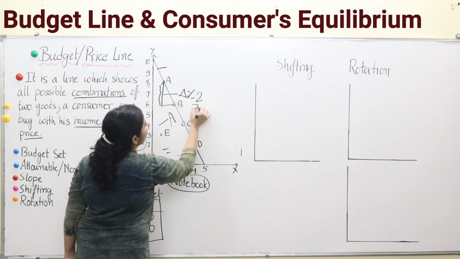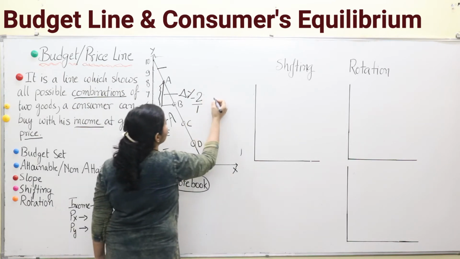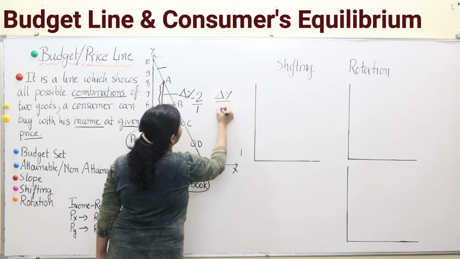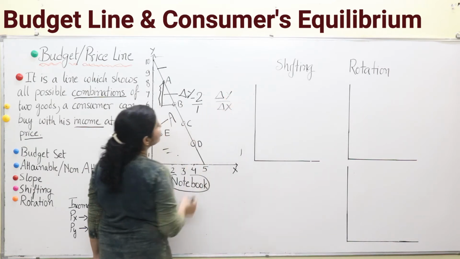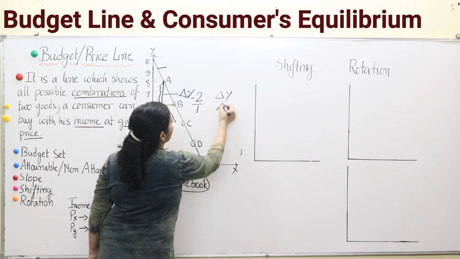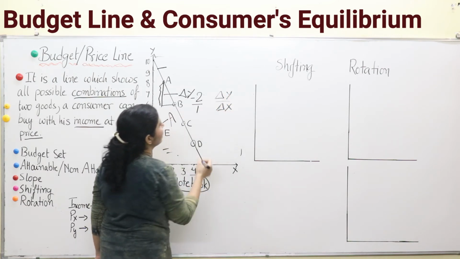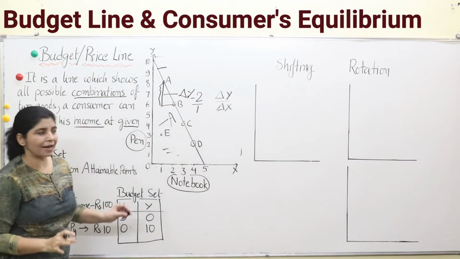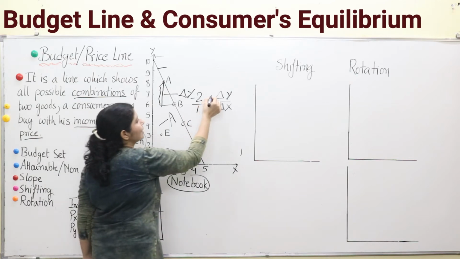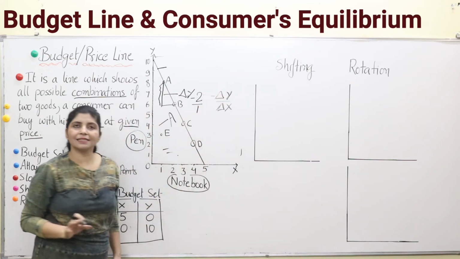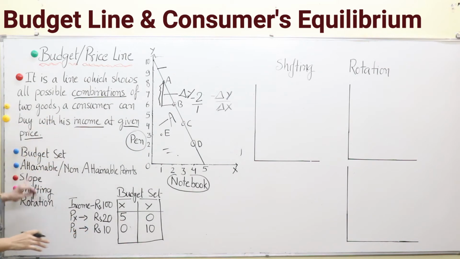So that is 2 by 1, or here we can say delta Y by delta X. This is your slope of the budget line or the price line, right? This is very simple. This is the exchange ratio. That means minus delta Y by delta X. This is your slope of the price line.